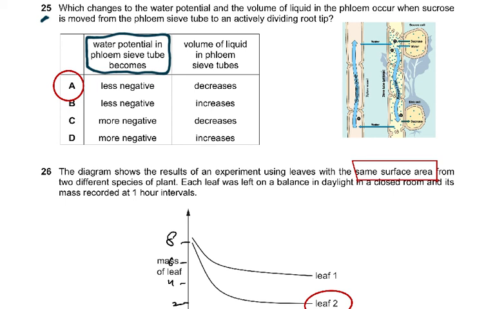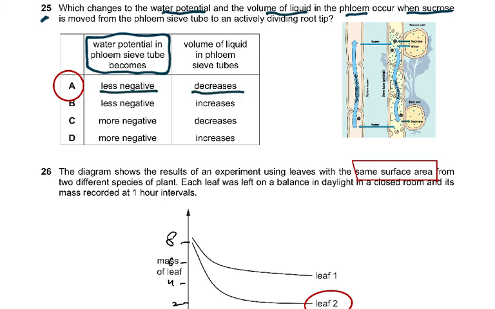So if the sucrose moves out, sucrose is solute, so there are more free water molecules left, so it becomes less negative. And then the water follows, so the volume of the liquid also decreases. So the answer was 1.